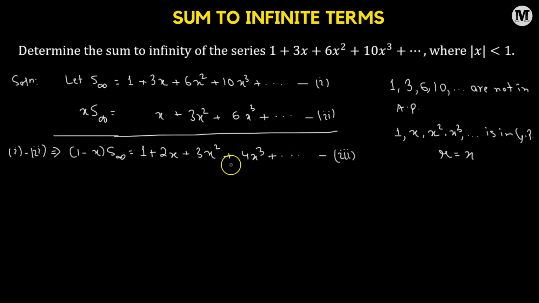Now this particular series is an Arithmetico-Geometric series. That's because if we consider the constant terms 1, 2, 3, 4, we see that these constant terms are in arithmetic progression. And the variable terms, that means 1, x, x squared, x cubed, are in geometric progression.